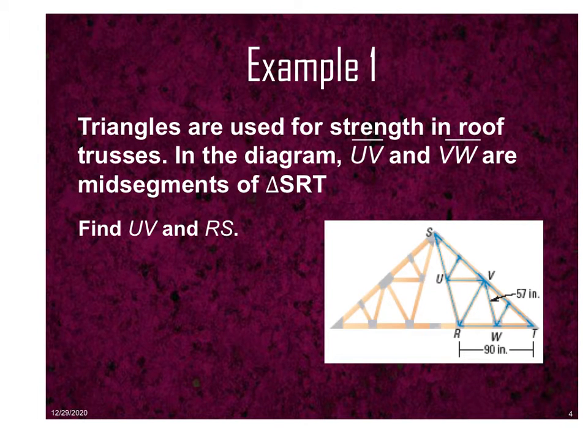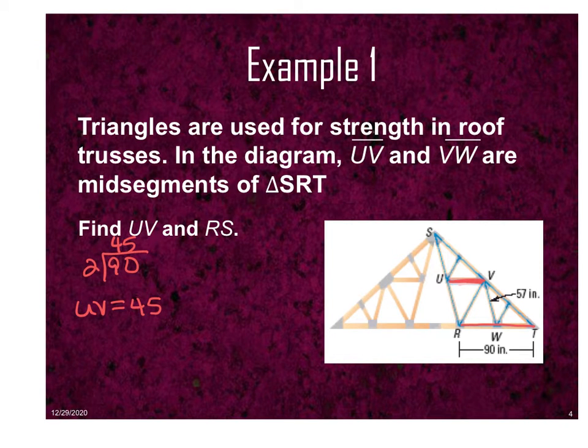So here's UV, and I can see that it's a midsegment. So then I know it's parallel to RT. And I know that the length of UV is going to be half as long as RT. So I would do 90 divided by 2. And the length of UV equals 45.